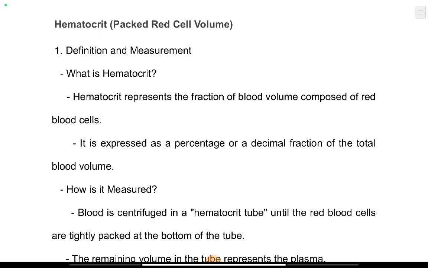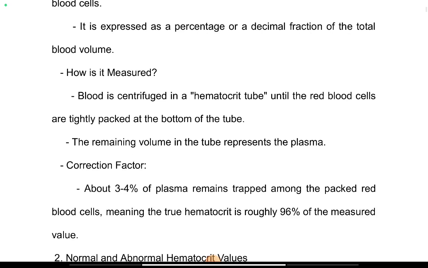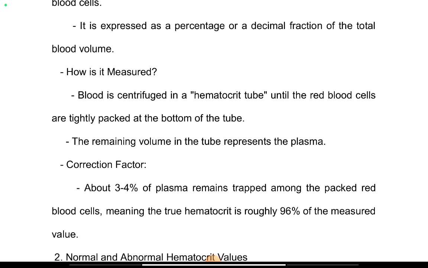Now I've talked on hematocrit. I said hematocrit is just a fraction of blood volume that is composed of red blood cells. It is determined by centrifugation, as I showed you in the tube. The hematocrit tube is what I've drawn earlier.